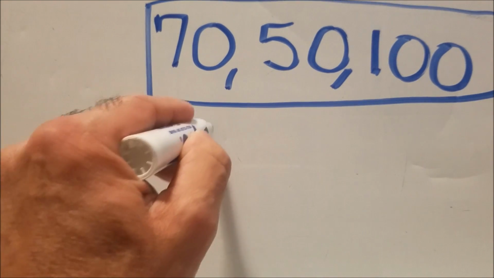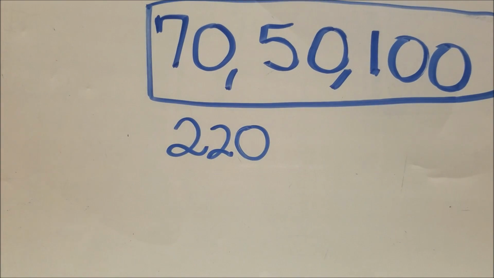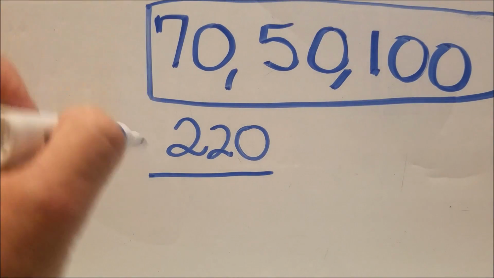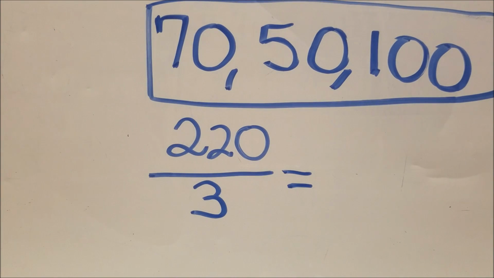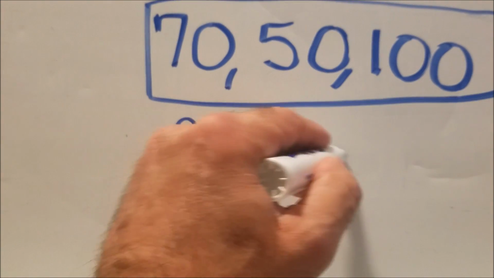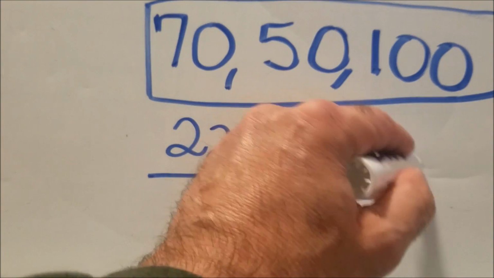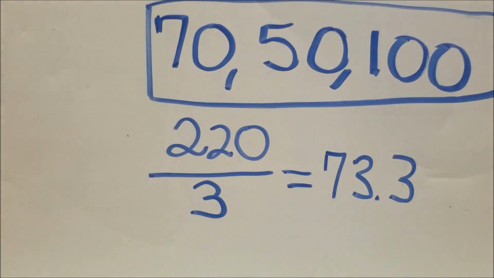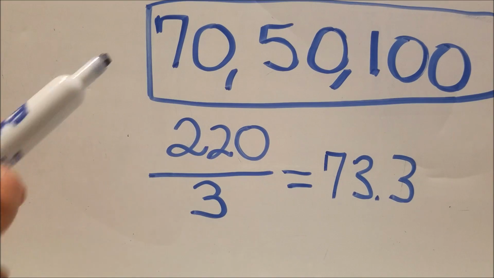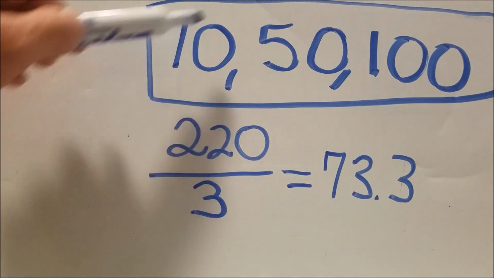Well, that's 220, right? Then you divide it by the amount of grades you have. You have 3 grades, so you divide by 3. What do you think your average is? Well, your average would be about 73.3. On the report card, it'll just be 73. So again, you add and divide by the amount.